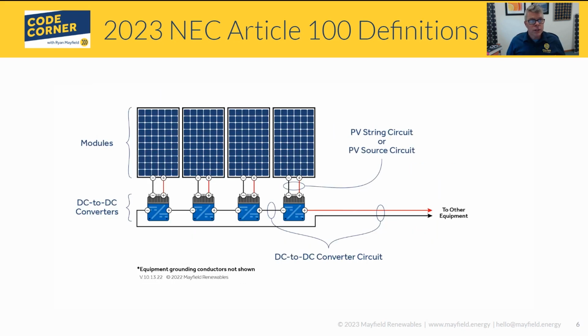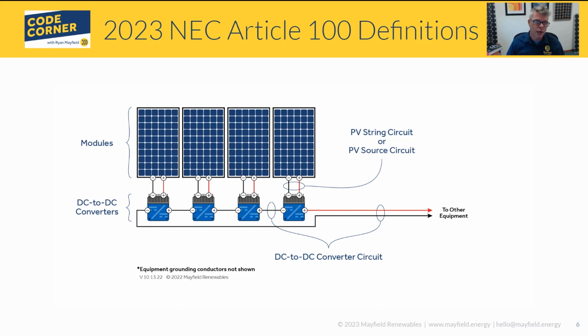Then the other image that we have here is the DC to DC converter circuit. If you look back in the 2020 definitions, specifically where we get into 690.8, which we have other videos that talk about, there's a difference between the input circuit and the output circuit. Just like with the PV systems, we're going to get away from those and say if it's a DC to DC converter circuit, that's what it is. It doesn't really matter where it comes into play, on the input side or the output side.